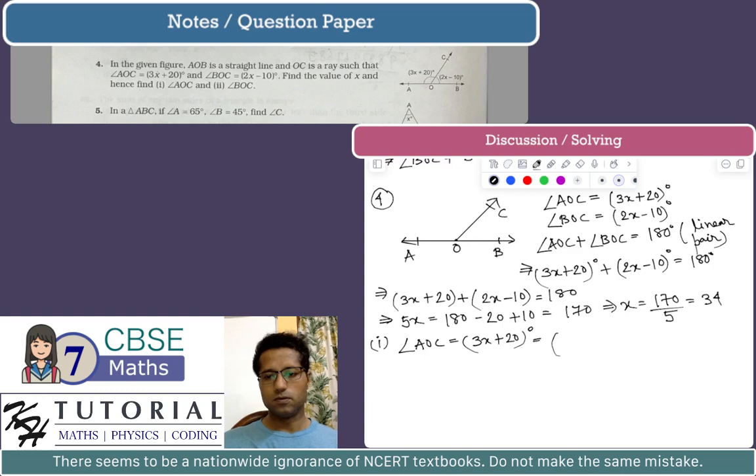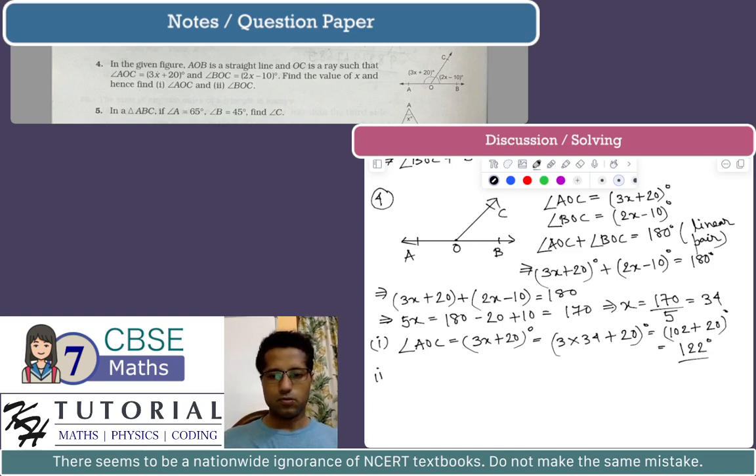This is equal to 3 into 34 plus 20 degrees. 3 into 34 is 102, plus 20 degrees, which is equal to 122 degrees.